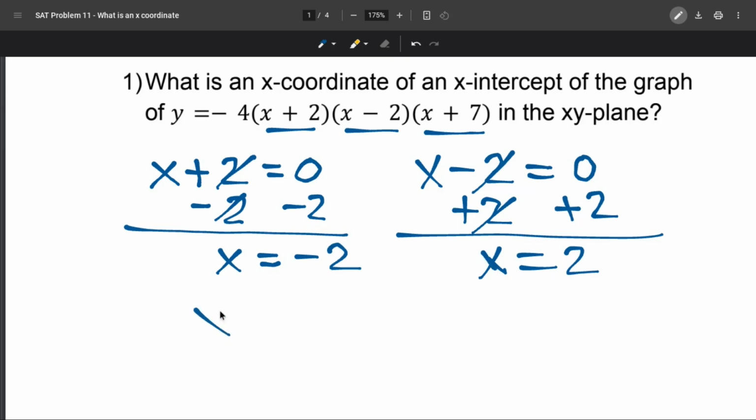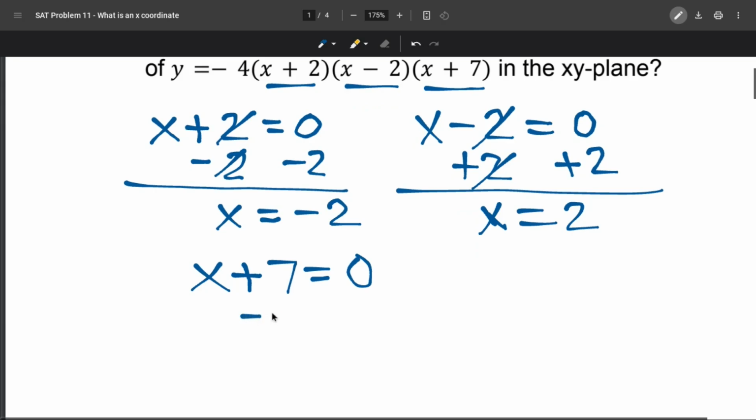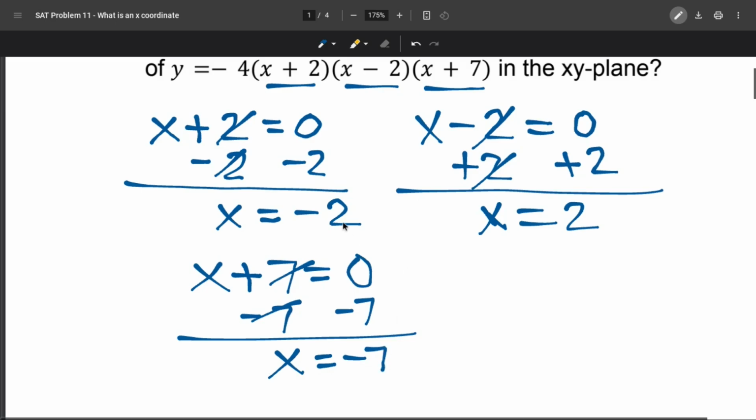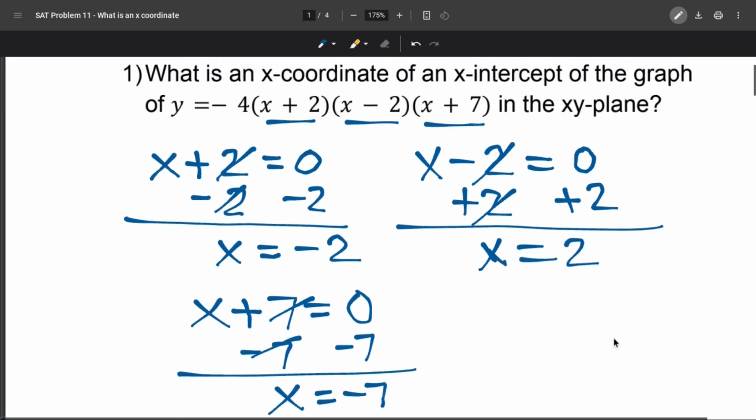And then x plus 7 equals 0. Subtract 7 from both sides. These cancel. X equals negative 7. So either negative 2, 2, or negative 7.